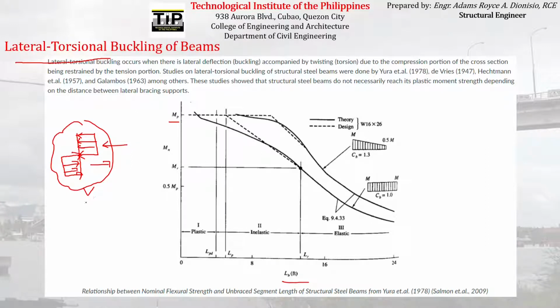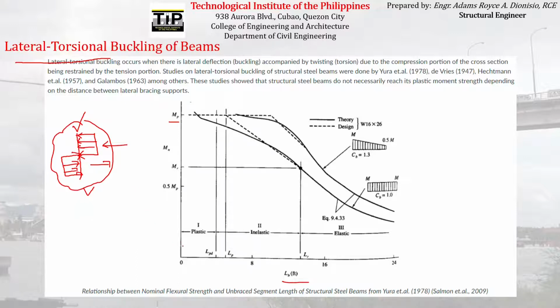This is the ultimate stress distribution that we discussed a while ago. Nothing goes beyond this stress distribution. So that is the ultimate capacity of our beam that we consider, Mp.